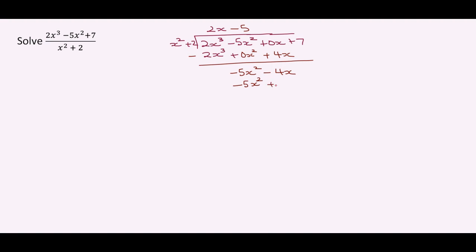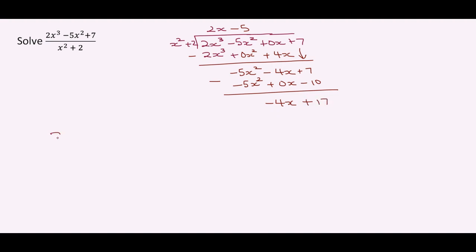But I'm going to add plus 0x here, and then we can bring down this plus 7, and we're subtracting 10. So we subtract here, minus 5x squared minus 5x squared, that's 0. Minus 4x minus 0 is minus 4x. 7 minus 10 is 7 plus 10, which is 17.